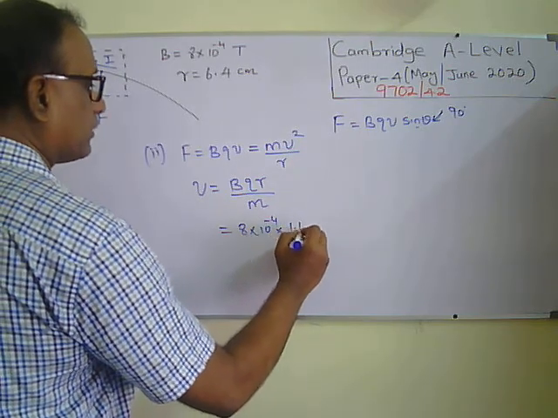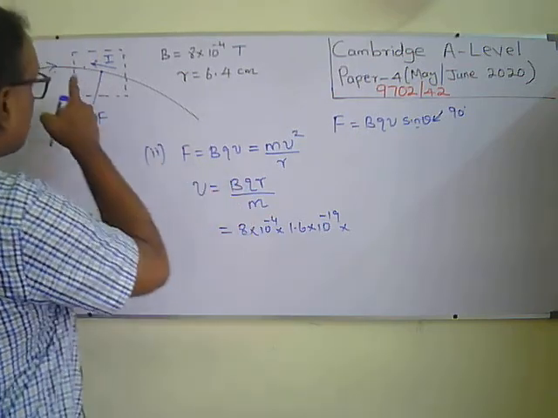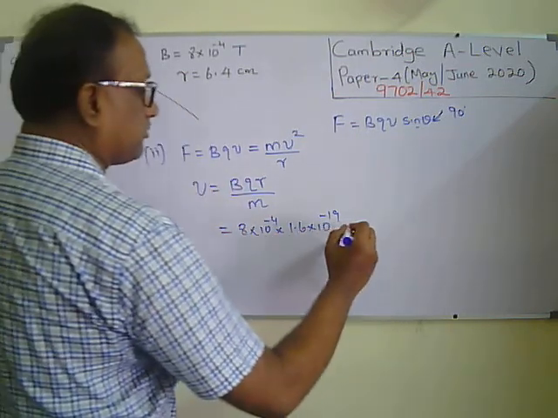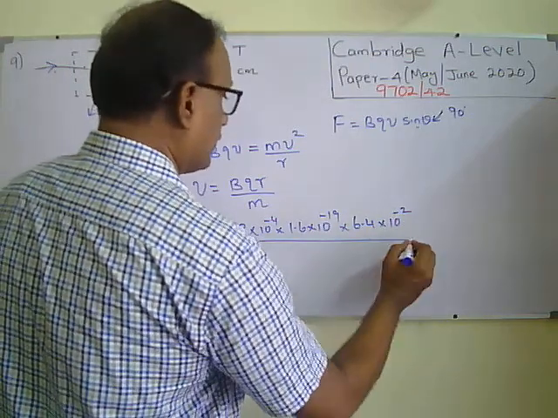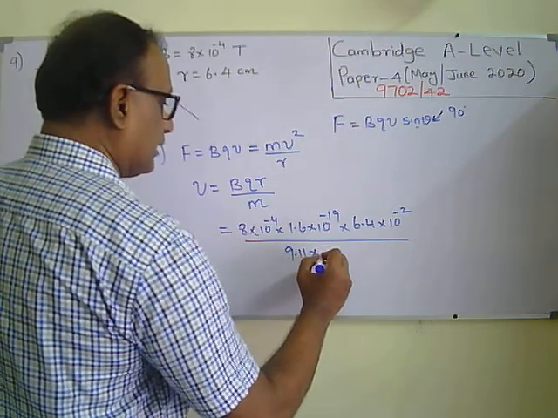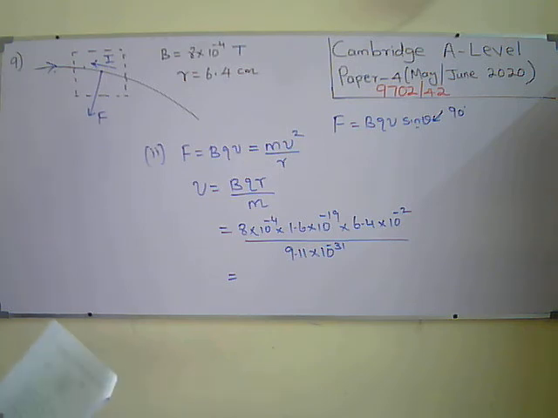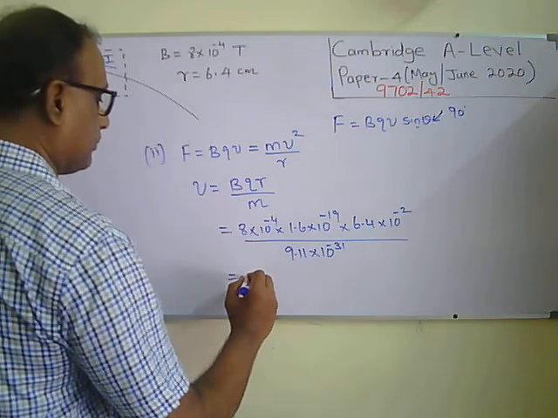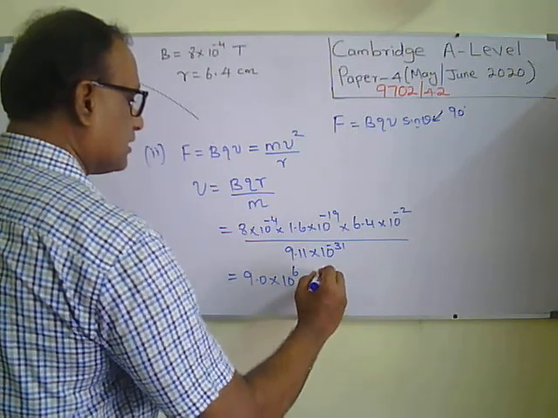Charge of the electron 1.6 into 10 to the power minus 19. Radius of the curved path given 6.4 centimeters, 6.4 into 10 to the power minus 2, over mass of the electron, that's given in the data sheet, 9.11 into 10 to the power minus 31. Solve it. You'll get the speed, that will be 9.0 into 10 to the power 6 meter per second.